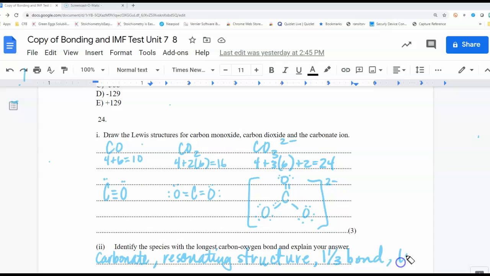So longer than a double bond, and by definition also longer than a triple bond as well. Okay, so you have to be able to recognize that situation going on as well.